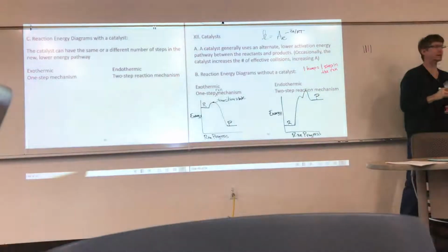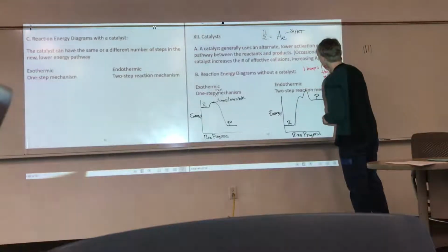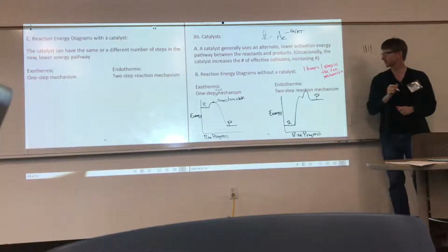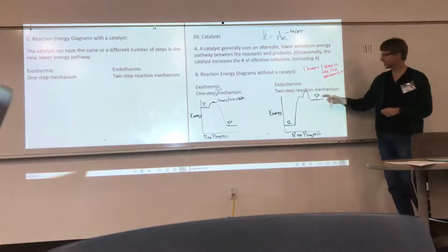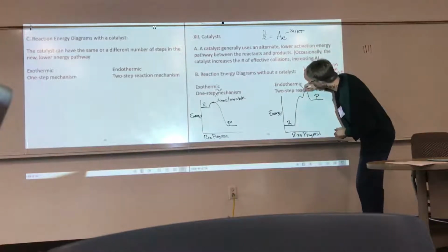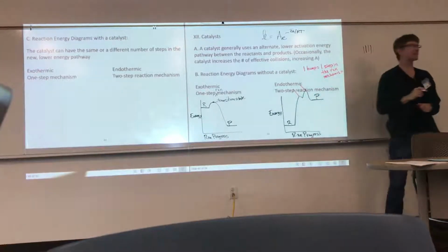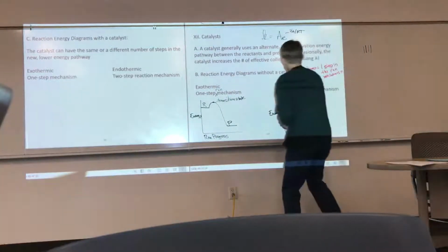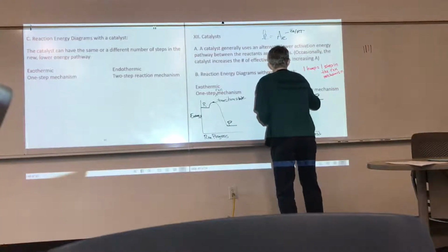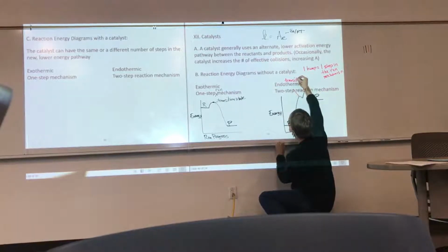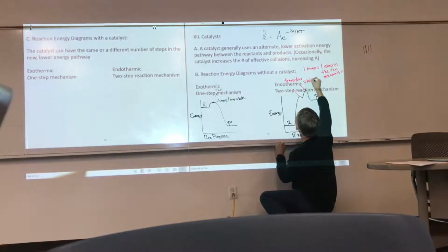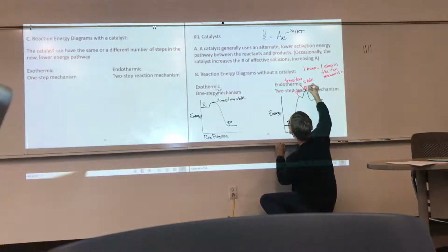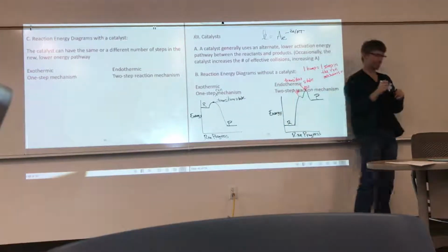Also, for each of these humps, there is a separate transition state. So, number one, number two, so two different transition states.